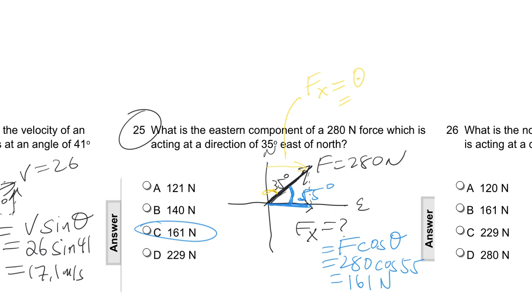So this would be F sine of 35. And it would still be equal to 161 newtons. But I like to always use the angle from the x-axis.